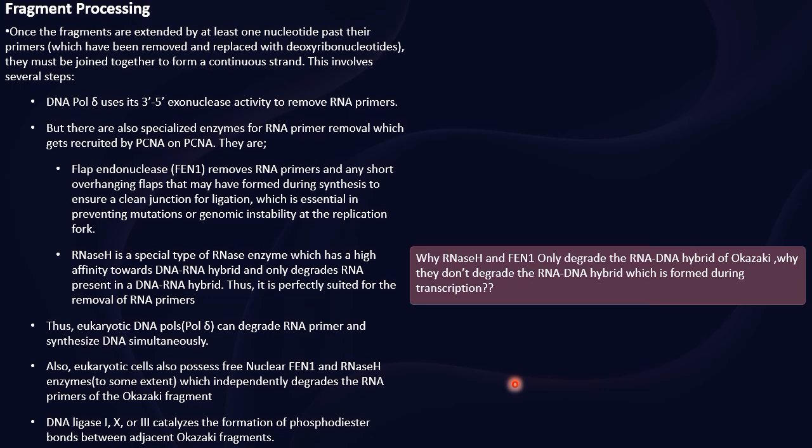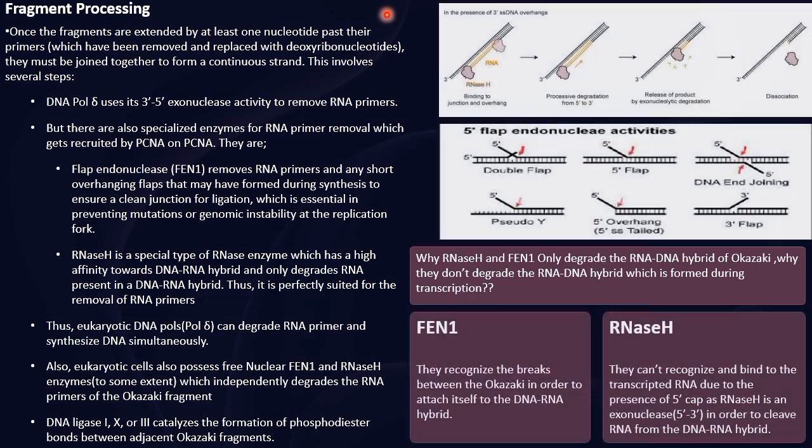So the answer is that FEN1 recognizes the breaks between the Okazaki fragments in order to attach itself to the DNA-RNA hybrid. Whereas during the transcription process, there are no nicks or breaks in the strand.